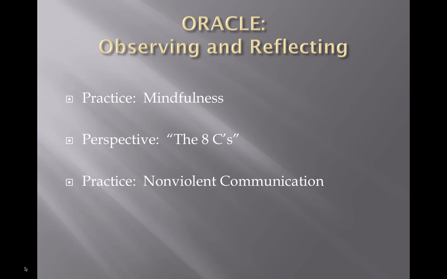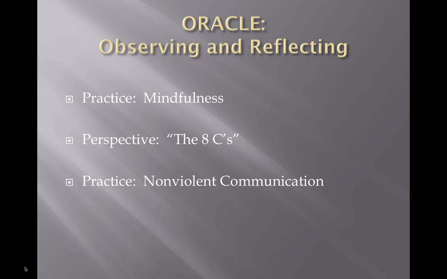I'll just remind you quickly of what those attributes are. Calmness, clarity, curiosity, compassion, confidence, courage, creativity, and connectedness. When we bring those sensibilities to our mindful awareness, then we're in a really good place to deal with conflict more constructively.